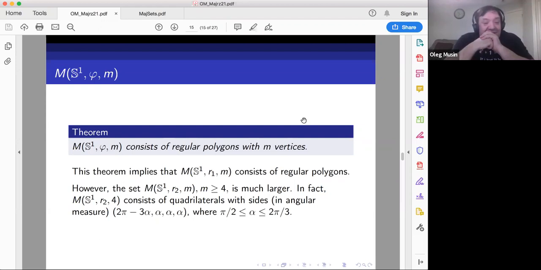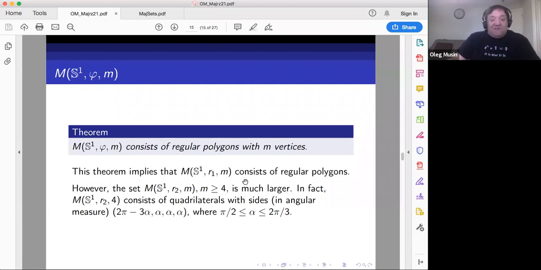But I remind you that in this case, when we have angular distance, it works only for s less than or equal to 1. This theorem implies that for rho equal to R1, like for Euclidean distance, the M set also consists of regular polygons.